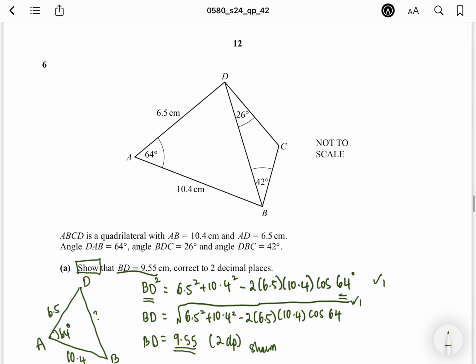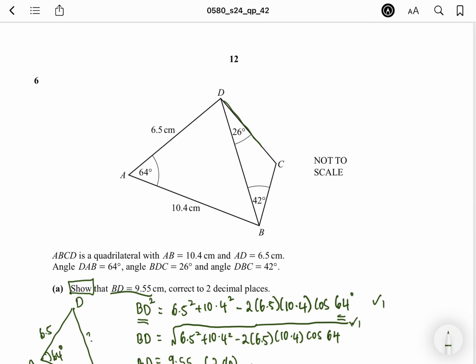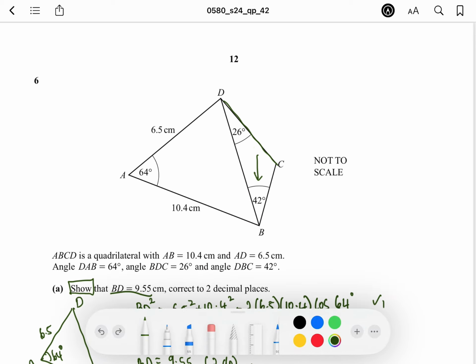Next, CD corresponds here. Because we use BD, the angle used is 112 at C.